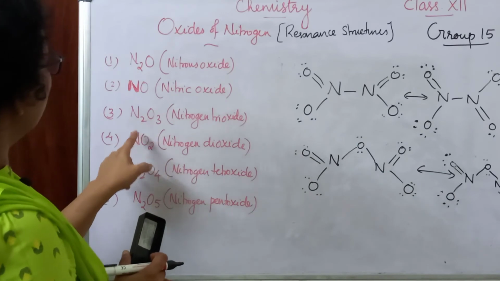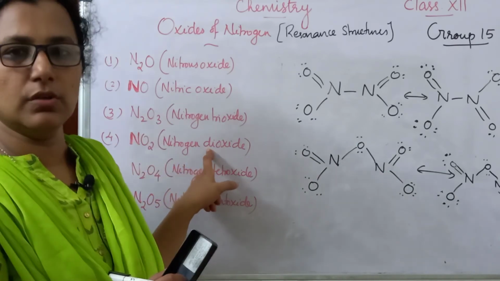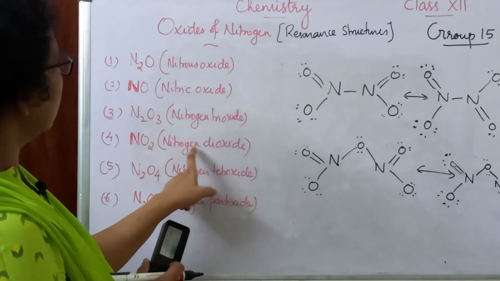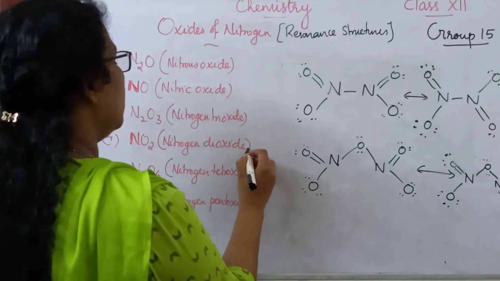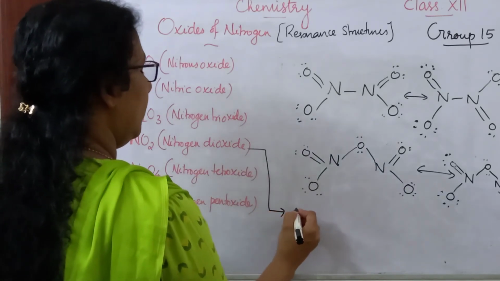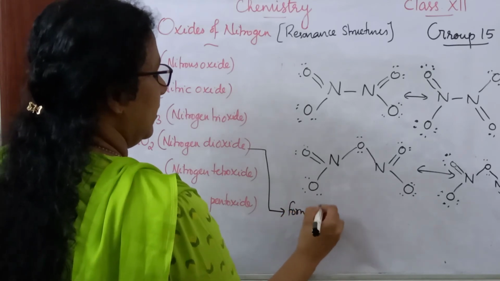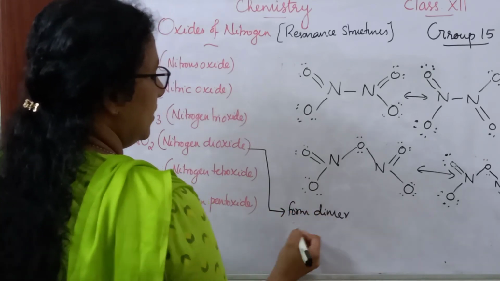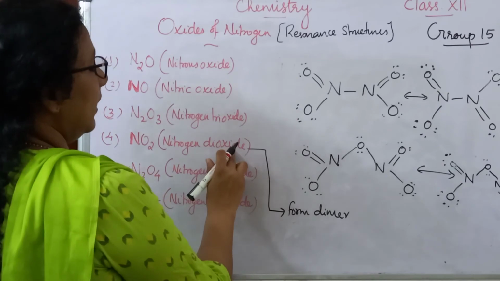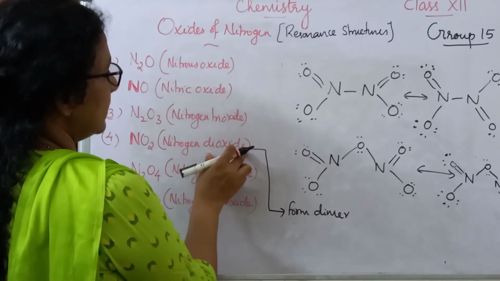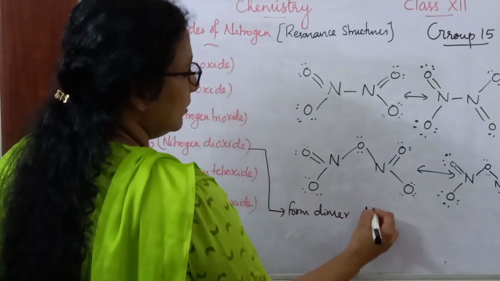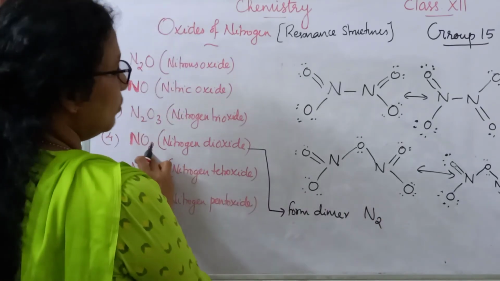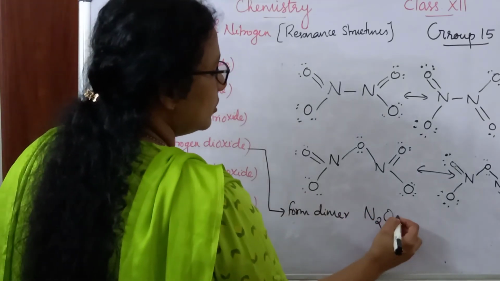So in the case of NO2, we have seen it is an odd electron species. So actually nitrogen dioxide forms dimers. We need to note that point. Since it has an odd electron, it is an odd electron species. If it forms a dimer, NO2 becomes N2O4.